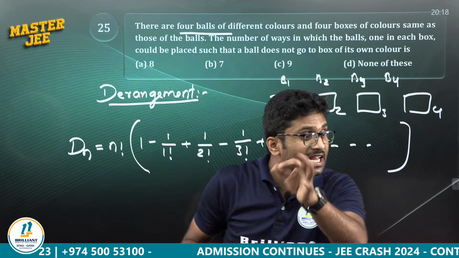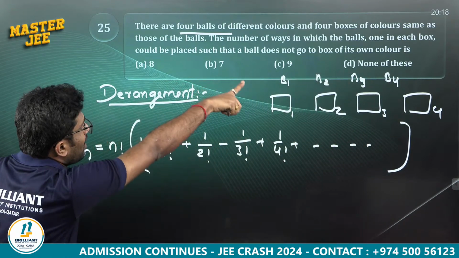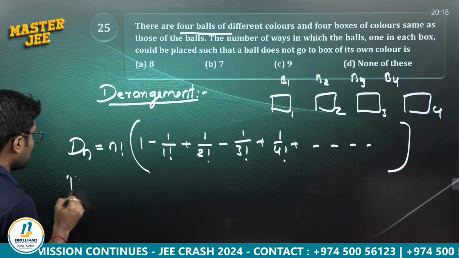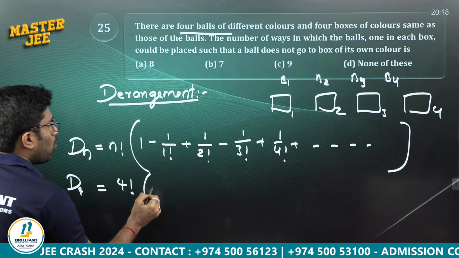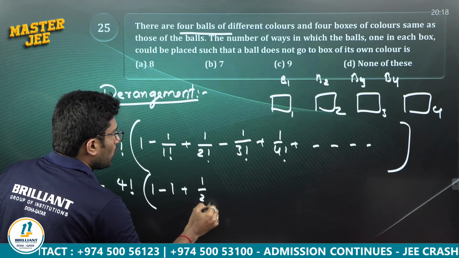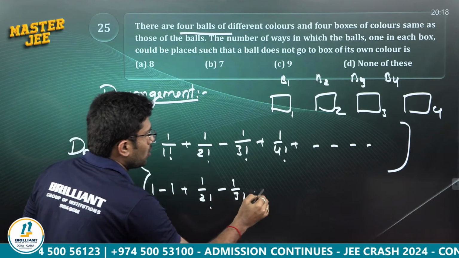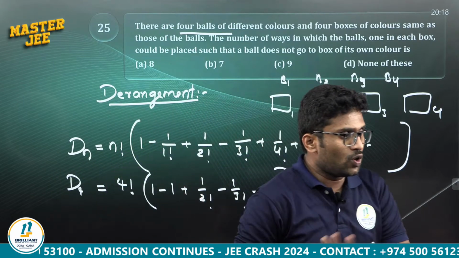This is nothing but derangements. Derangement of 4 objects, so D4 equals 4 factorial times (1 minus 1 by 1 factorial plus 1 by 2 factorial minus 1 by 3 factorial plus 1 by 4 factorial), till 4 only, no 5.